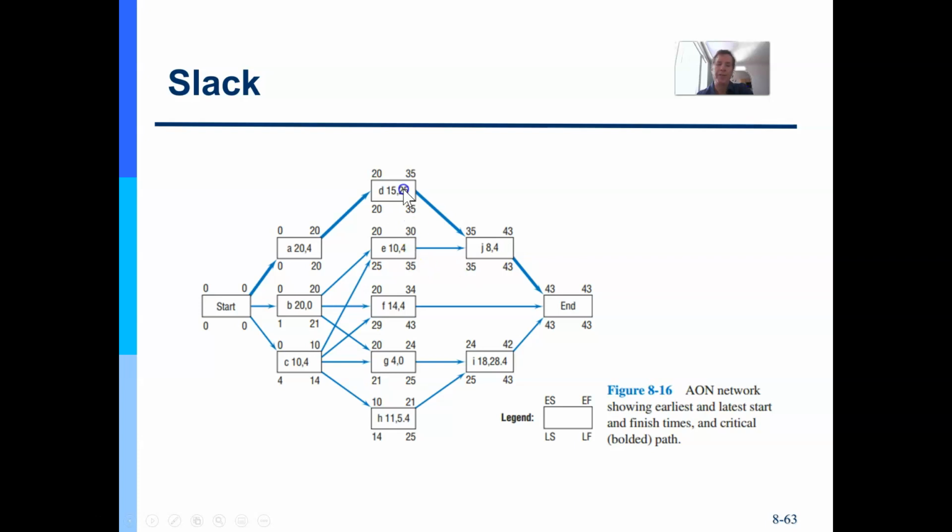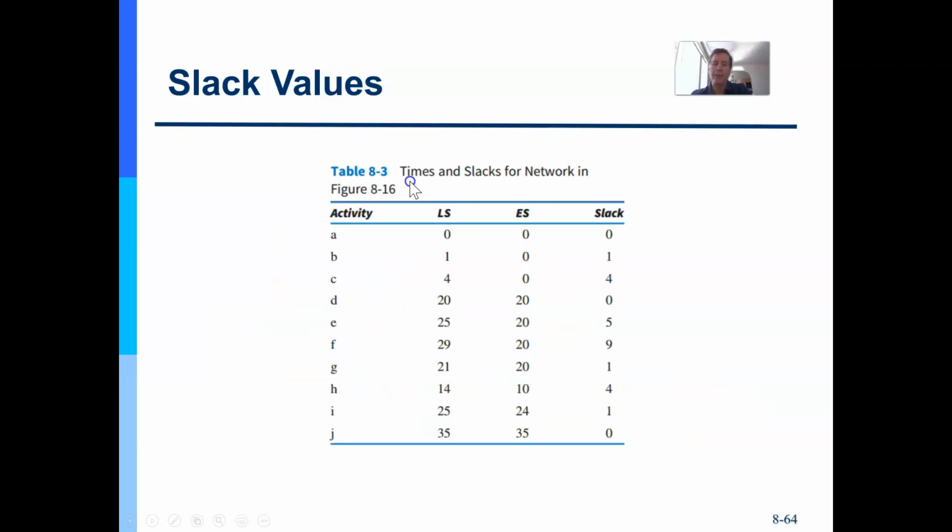Now day 35, because of the dependency arrows following them backwards, will go into here, and the rest works out that way. Whenever you have zero float, this is your late start minus early start, or late finish minus early finish. As long as it's 0, you have zero float.